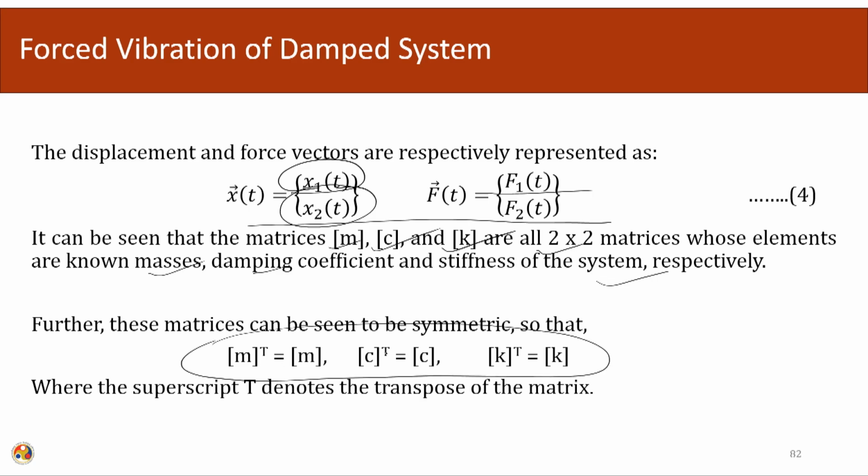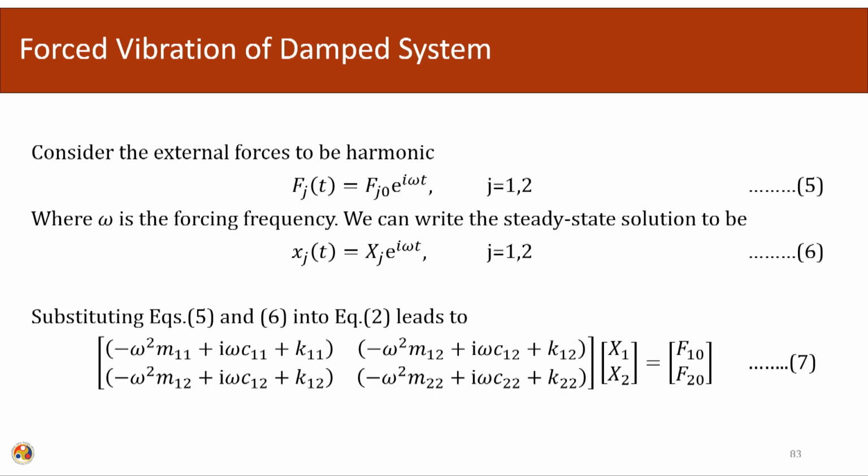So, the transpose of the mass matrix, the damping matrix and the stiffness matrix is equal to their respective counterparts. If we introduce the external forces to be harmonic, we will see how the responses play out. So, this is the steady state solution.